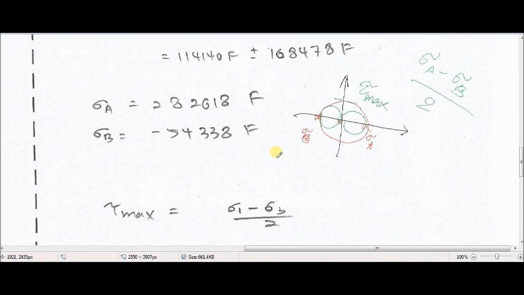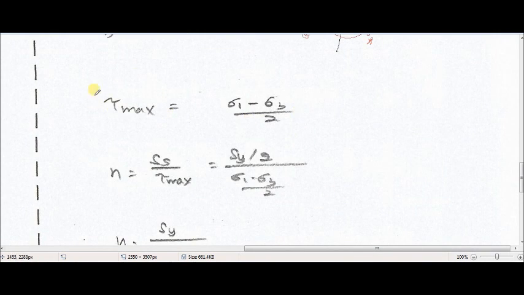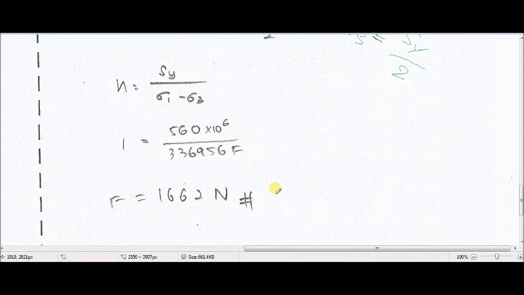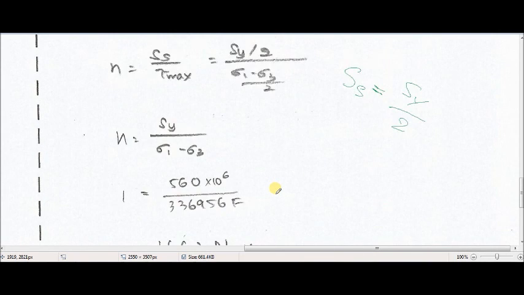So we will find maximum shear stress by using this equation. And as you know, the yielding shear stress is half of the yield stress.